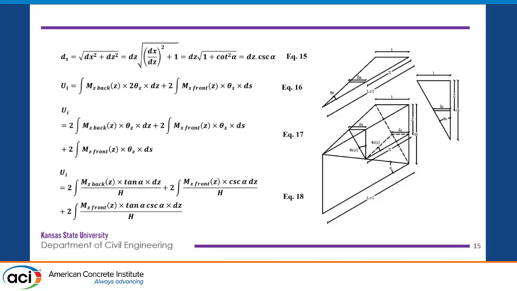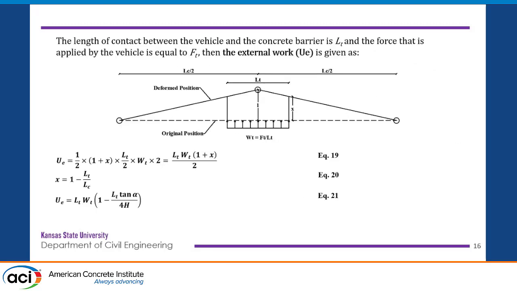And in order to solve this problem, we also need the external work. The external work due to distributed load to represent the vehicular collision can be found as the distributed load times the area of the deformed shape, as you can see here, which is equation 21.